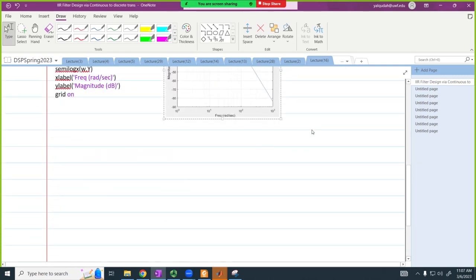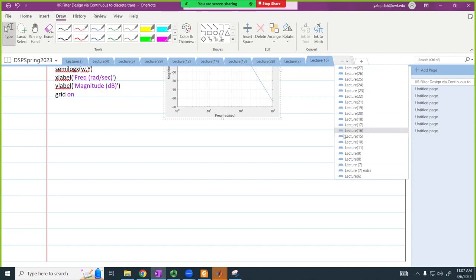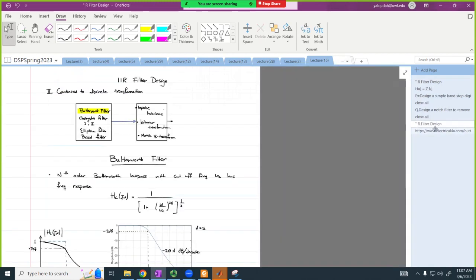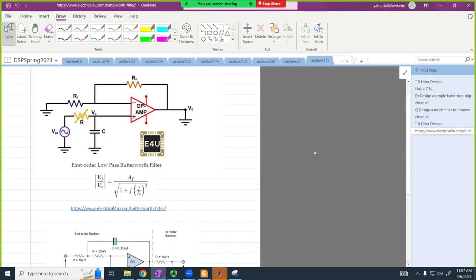Okay, so let's look at the properties of this Butterworth filter. Now, how do we design a Butterworth filter using a continuous time domain? So let's just show a Butterworth filter. Here are two filters.